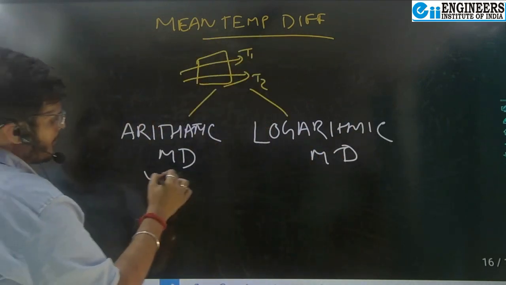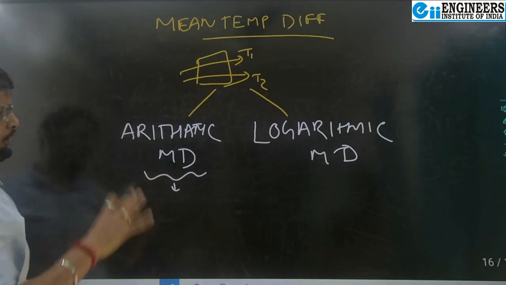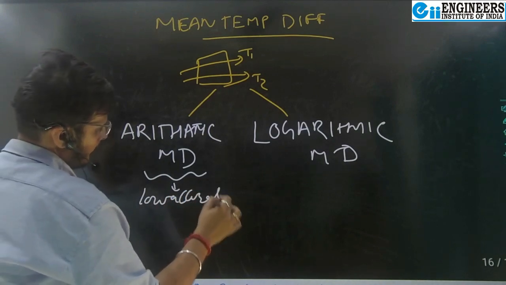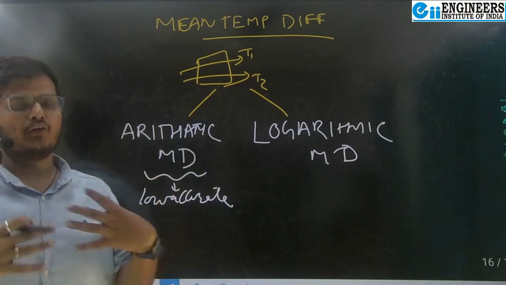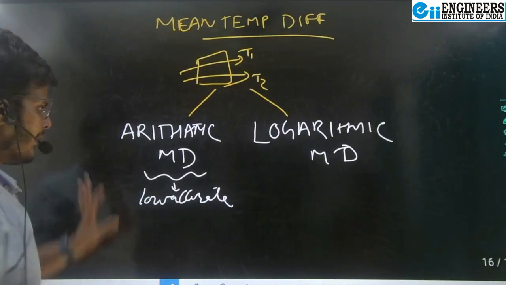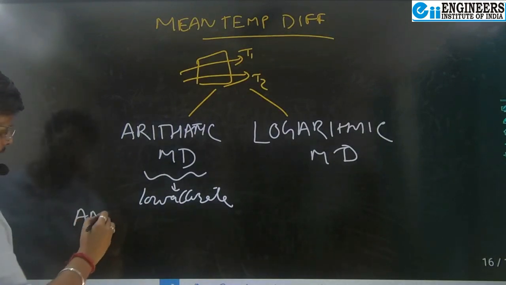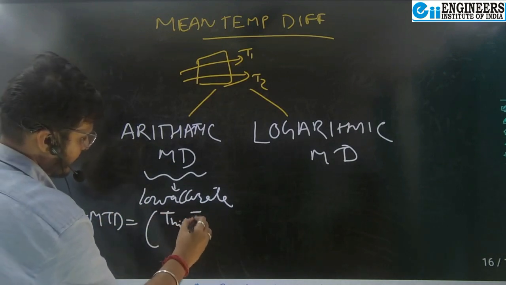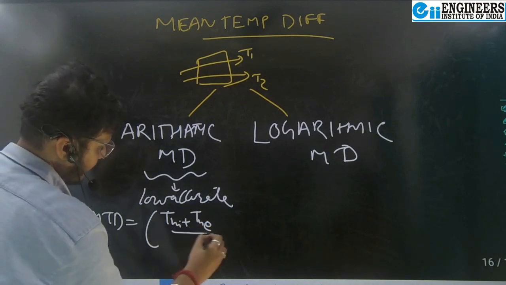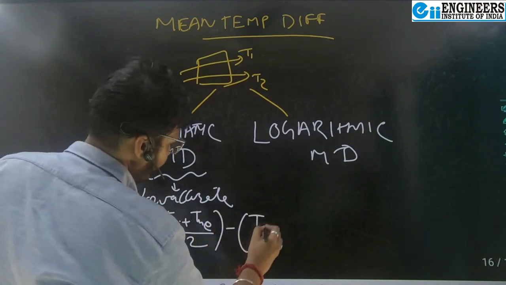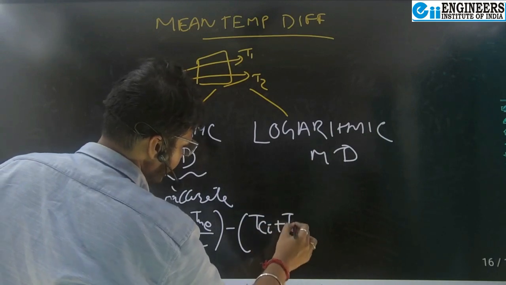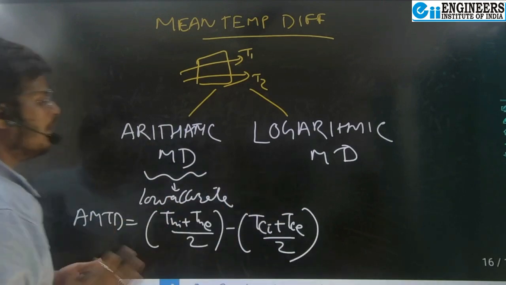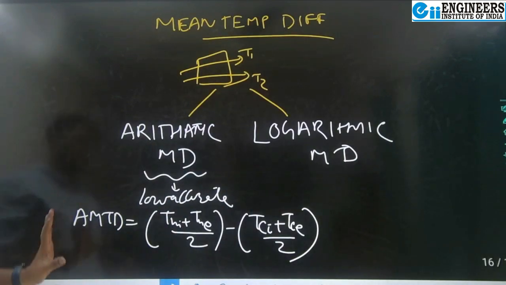The arithmetic mean difference is a fairly low-accuracy temperature difference that we consider while analyzing the heat exchanger, and it is expressed as (Thi plus The) divided by 2 minus (Tci plus Tce) by 2, the difference of the averages of the hot and cold fluid inlet and outlet temperatures.